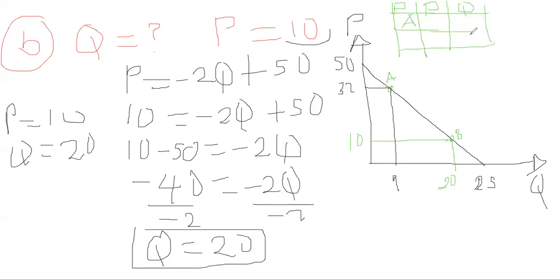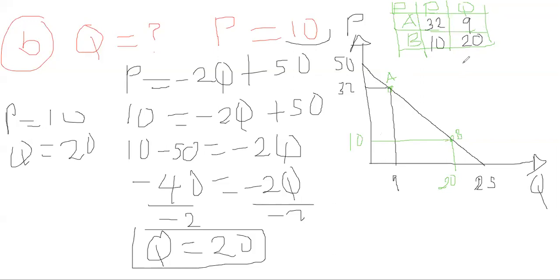So we look at point B. At point A, the price was how much? 32, while the quantity demanded was 9. At point B, the price was 10. The quantity demanded is 20, right?